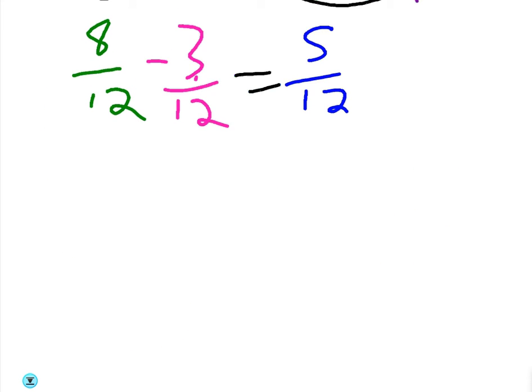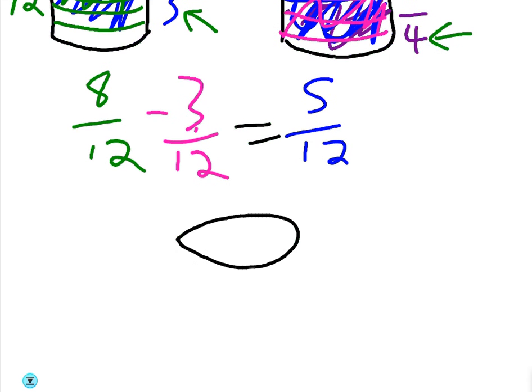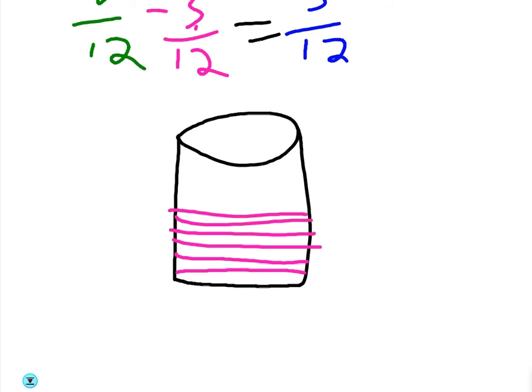What would that look like? Let's draw the cup. Again, we can divide this into 12 pieces. It's going to be hard. 1, 2, 3, 4, 5, 6, 7, 8, 9, 10, 11, 12.